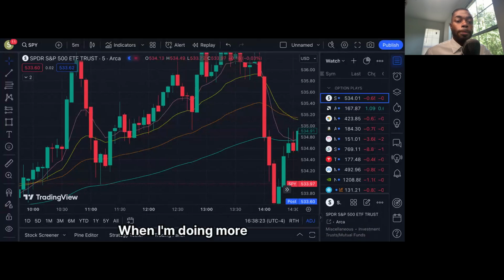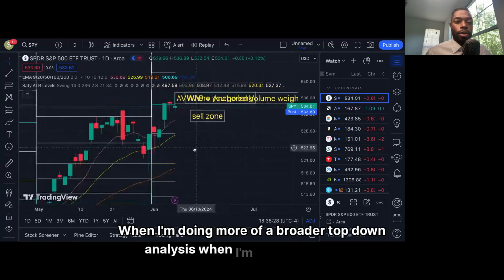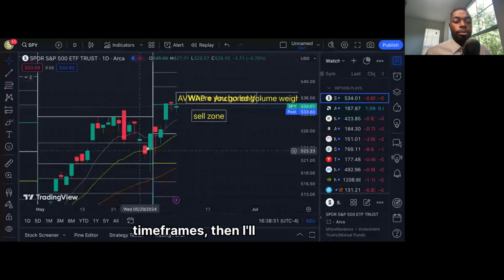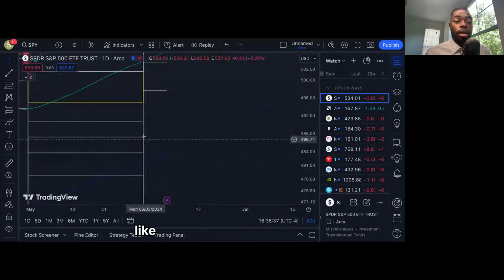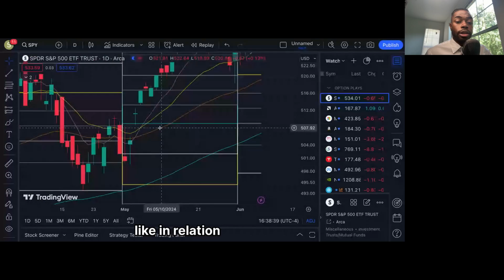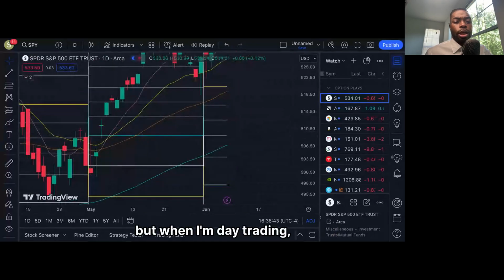When I'm doing more of a broader top-down analysis, when I'm looking at higher time frames, then I'll be looking at what the 20 MA, 50 MA, 100, and the 200 look like in relation to my daily candle bars. Okay. But when I'm day trading, I really don't care about the 50, the 100, the 200.